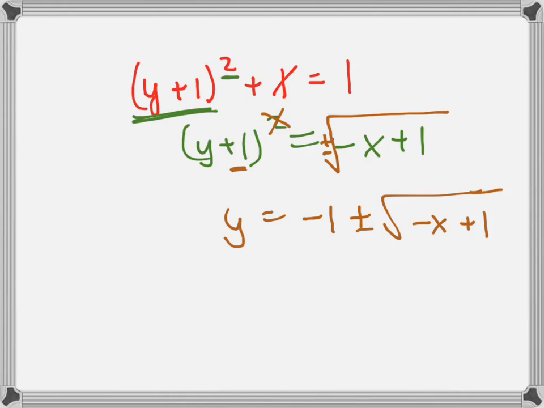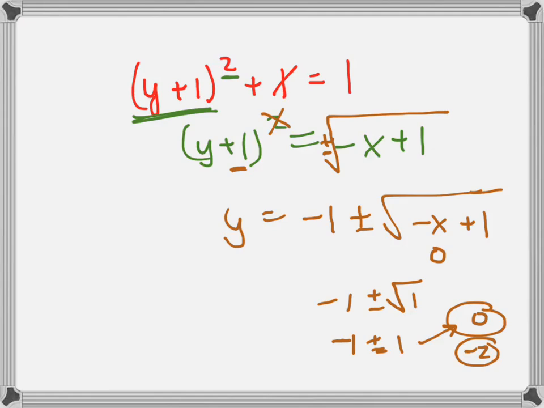And you can see now when you plug in say 0 for x, what are you going to get out for y? You're going to get the square root of 1. You're going to get -1 plus or minus 1. Well, what's -1 plus 1? 0. And what's -1 minus 1? -2.